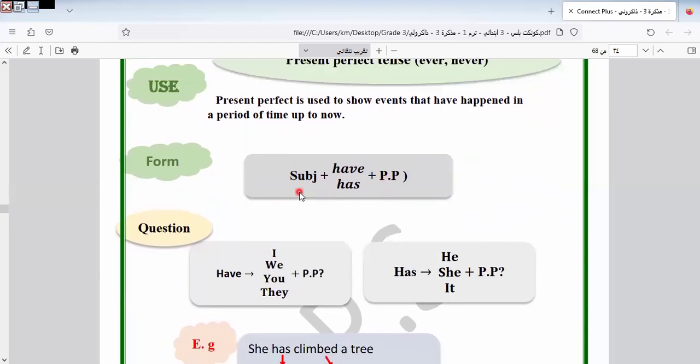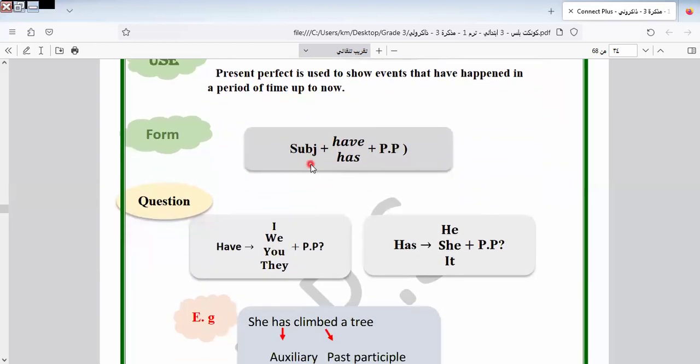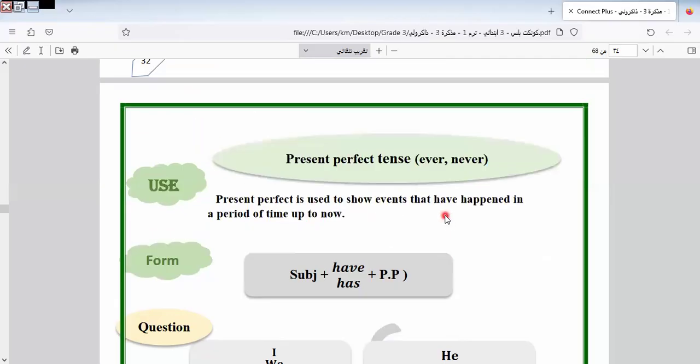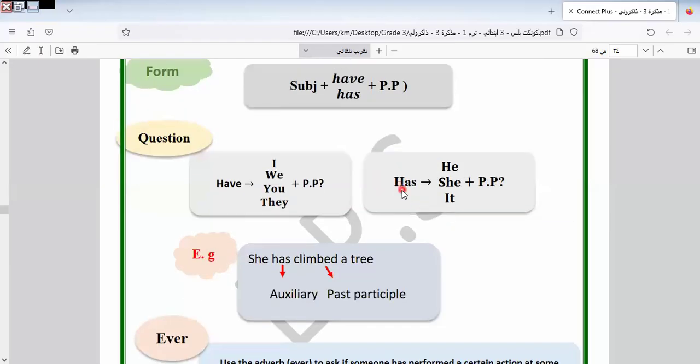What is the form of this tense? The form is subject, have or has, plus the past participle of the verb. As we told you before, we can't use any other helping verb with this tense. Why? Because we have have and has, and when I make a question or a negative form, I use only them. You don't need any additional auxiliary verb.